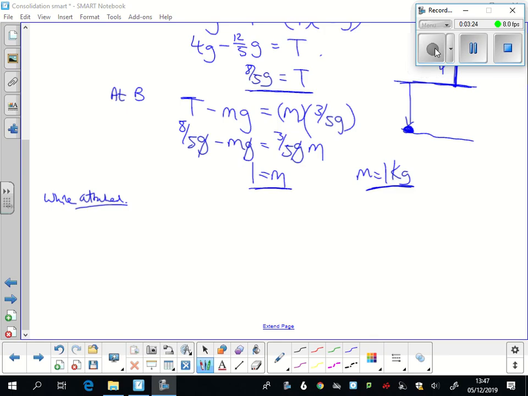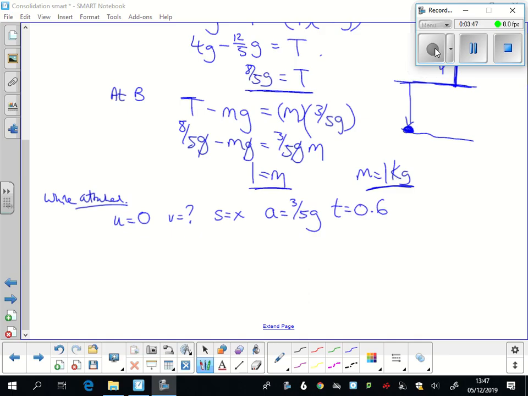while they're attached, the initial velocity is 0. We're going to need to know what the final velocity is. We're actually going to need to know what the distance is, but I'll do that one in a minute. We know the acceleration is 3/5 g, and they told us in the question, although it's gone off the top, that the time is 0.6.